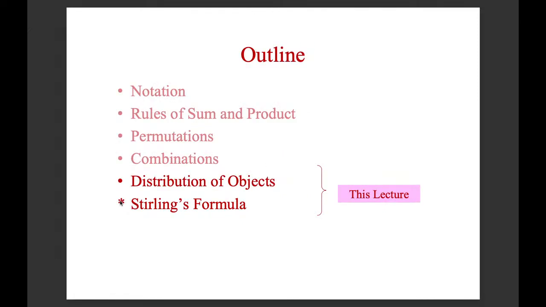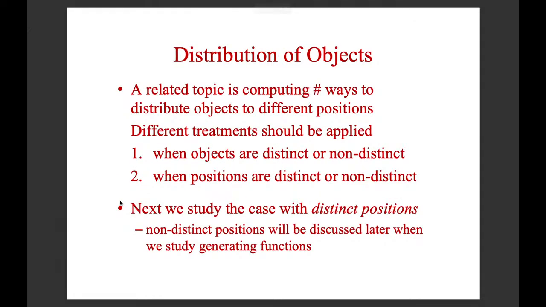Okay, so now for combinations and permutations, we will talk about a very closely related problem called distribution of objects. Apart from counting the number of ways of selecting or arranging things, we may sometimes come across the problem of distributing objects into positions or into boxes.